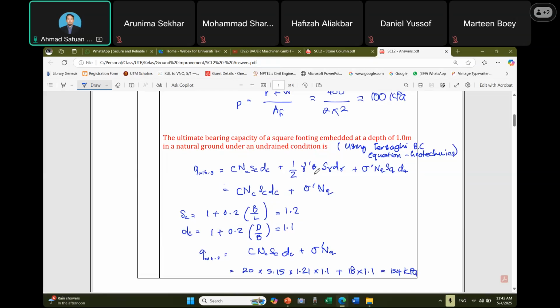I'm not sure why they ignore the second sub equation, and Nq and gamma. Usually we have N gamma here. Then the value is 154 kPa.